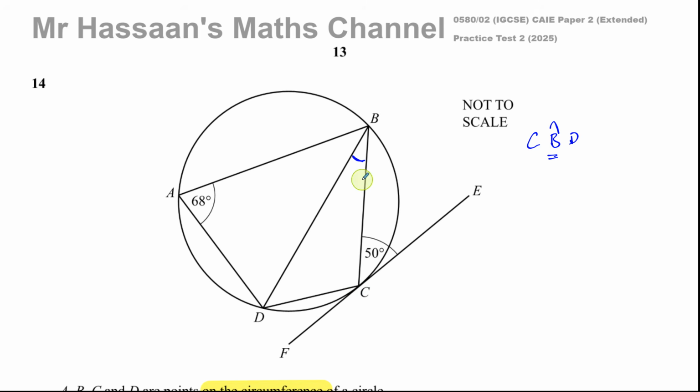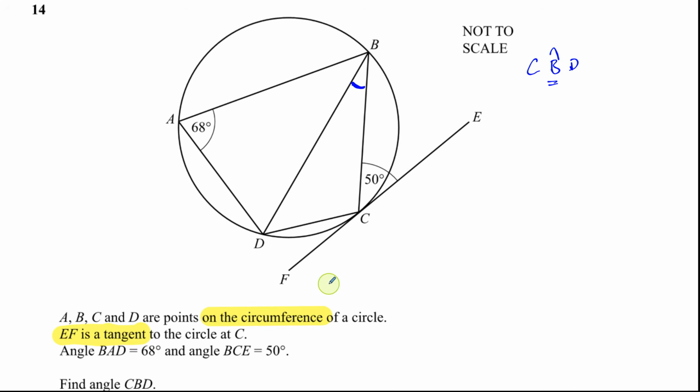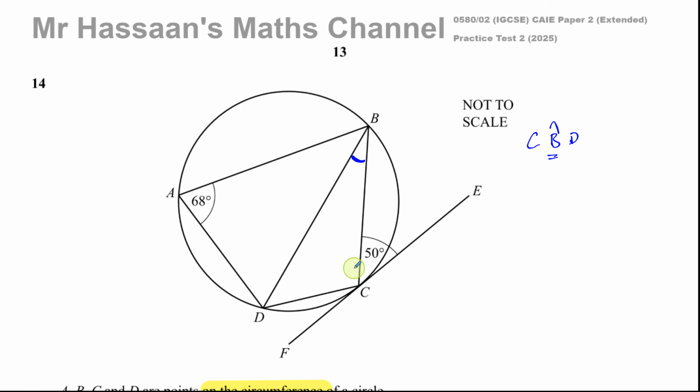So C, B, D, this is the angle we're trying to find. Now it says give a geometrical property to explain each step of your working. Sometimes they don't ask this, but in this case they're asking that, so that's something we should be ready for.